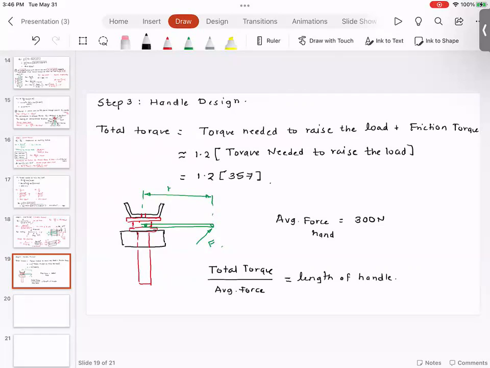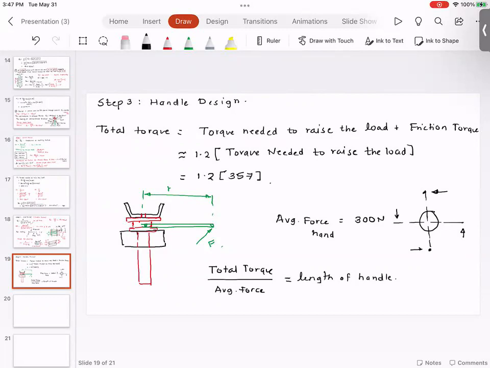And one potential design is, if you think about from the top view, you can have something like this, where there is one person applying torque here, another person here, one here, and one here. Or you can have a wheel where not just one, but multiple folks can raise or lower the load. So depending upon what you want to do, that is how this assembly is designed.